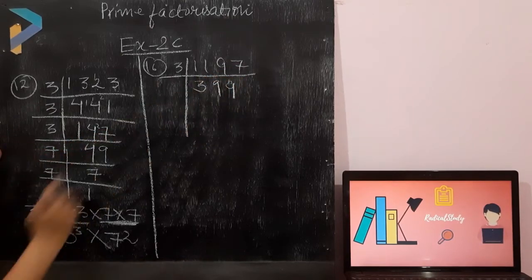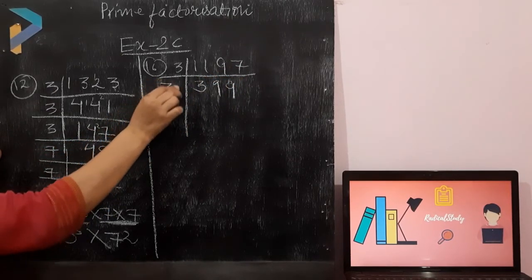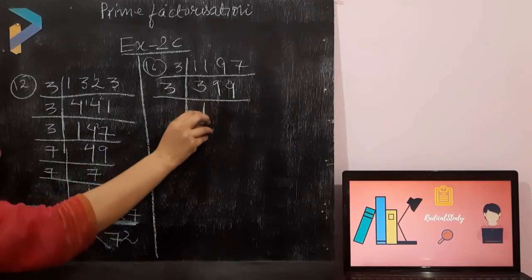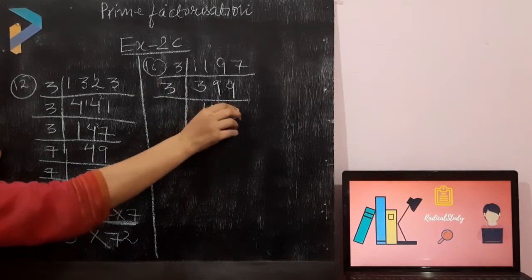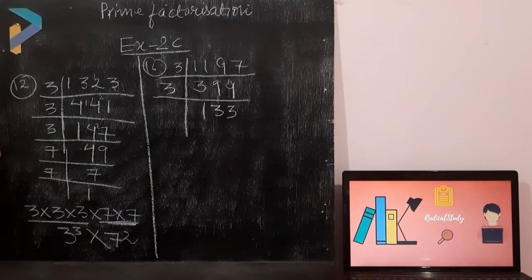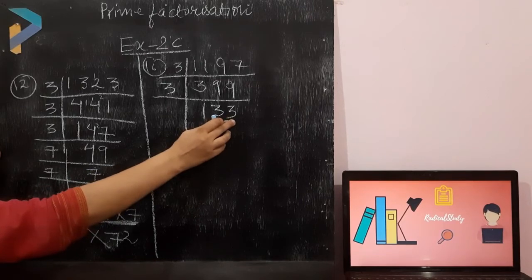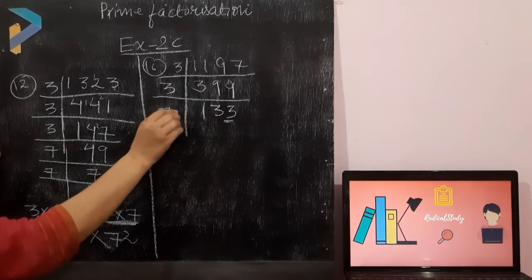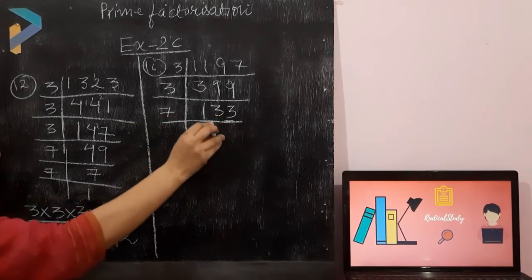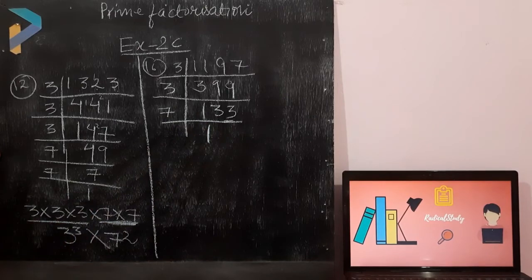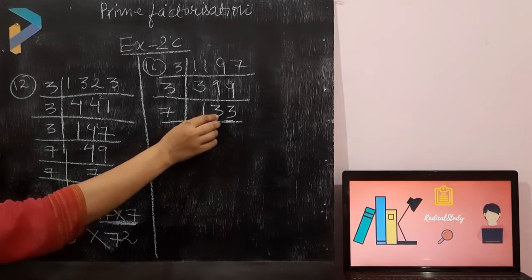So 3 9s are 27. Now I am again dividing it with 3. 3 1s are 3, 3 3s are 9 and 3 3s are 9. Now I am trying to divide it again by 3. Will it be? No. As I can see 3 over here, so I will try to divide it with 7. 7 1s are 7. So what is left over here? 6 is left.